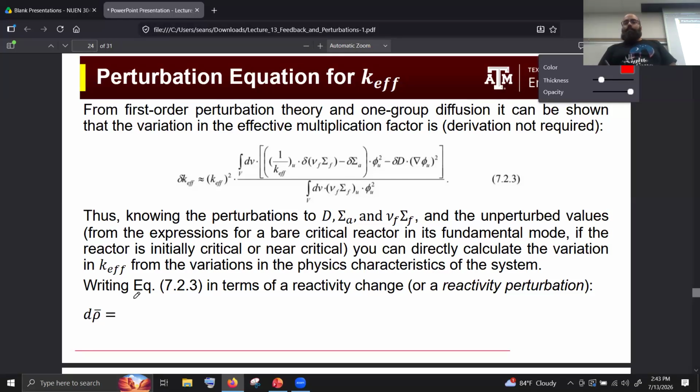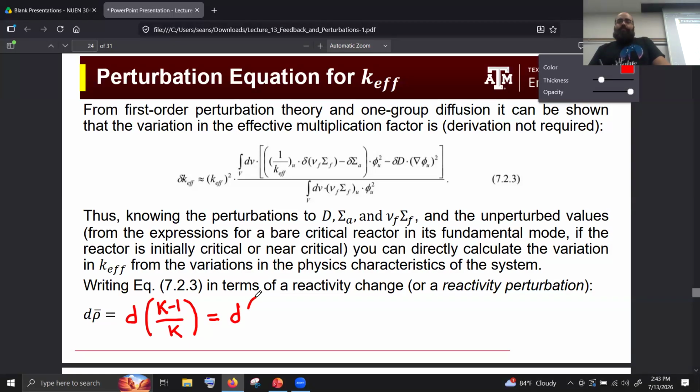If I'm taking the derivative of the reactivity, that's the same as the derivative of K minus 1 over K. I can simplify that by breaking it up into two fractions outside of a common denominator.